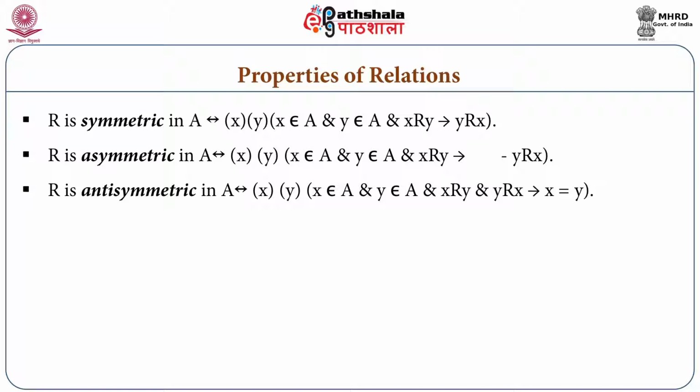In other words, we are saying x is related to y, y is also related to x. Looks like symmetric, but the condition says that if there is such a situation, then they should become equal.